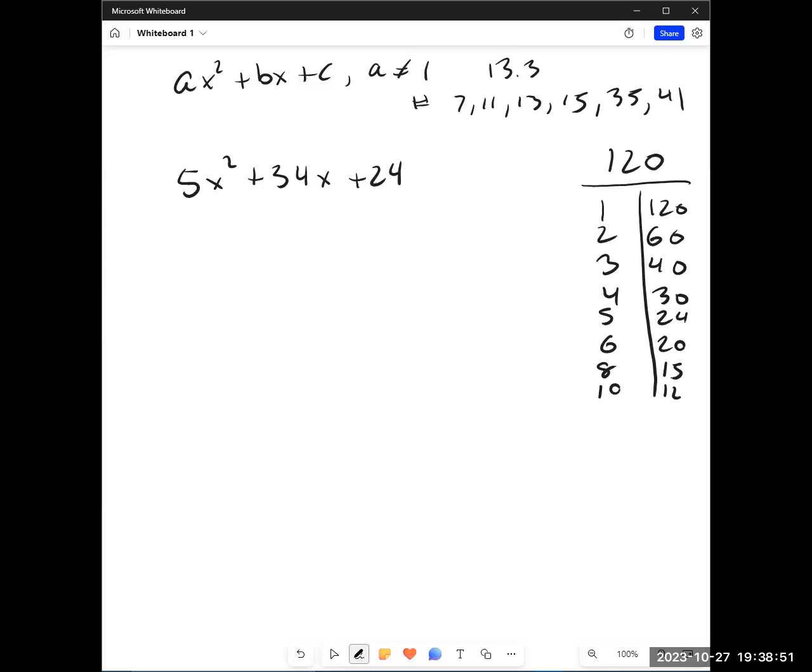So which of those add to give me 34? It would be 4 and 30. I'm going to split the 34 into a 4 and a 30. And now I'm going to factor by grouping.